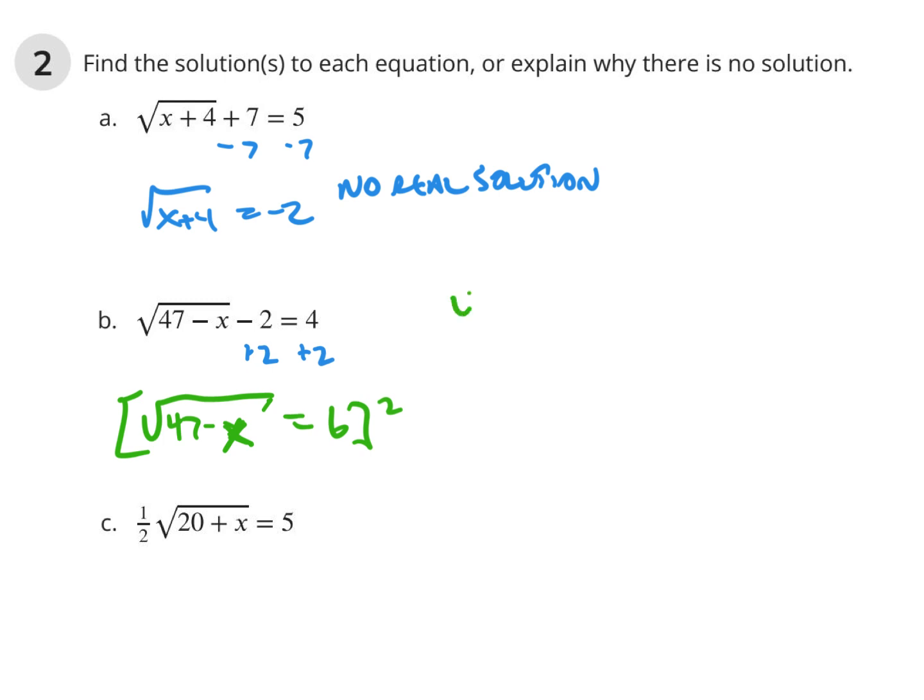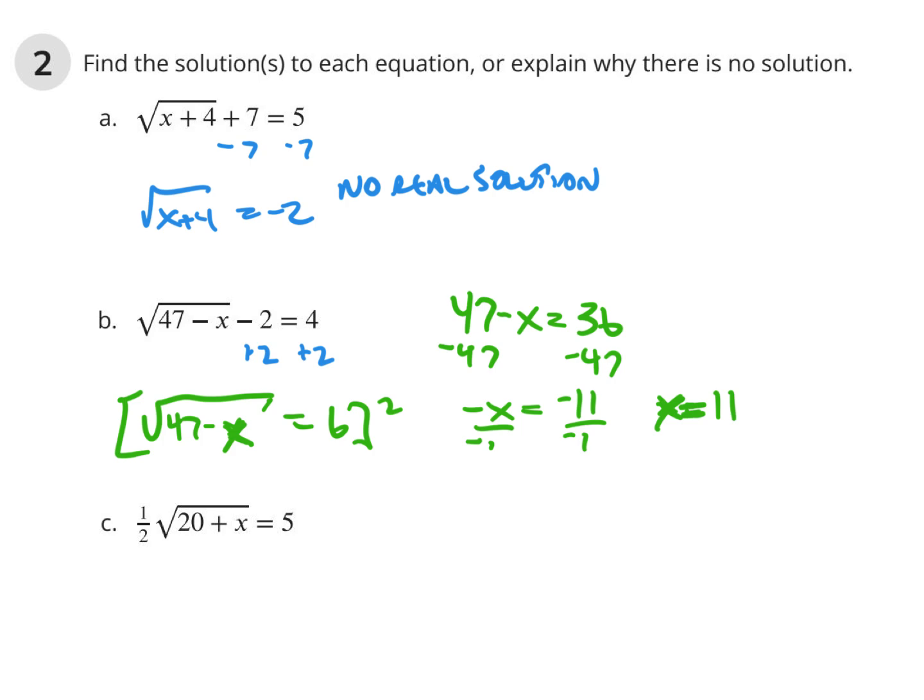When you square both sides, you get 47 minus x is equal to 36. I'm going to subtract 47 from both sides. Negative x equals -11. Divide by -1 on both sides, and x equals +11. When a negative is in front of a term or a number, what it means is -1 times that term or number.